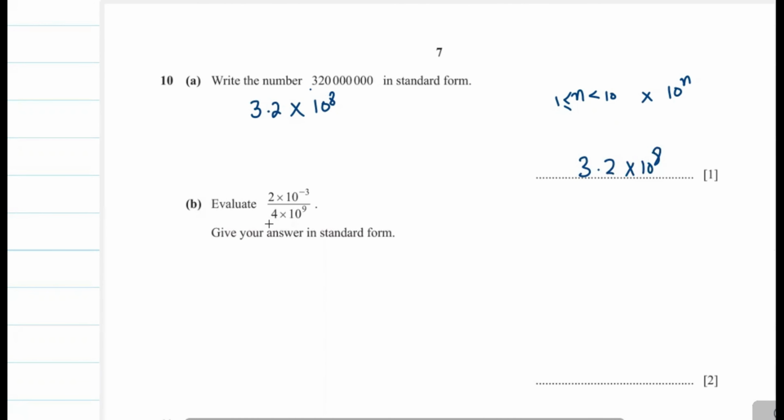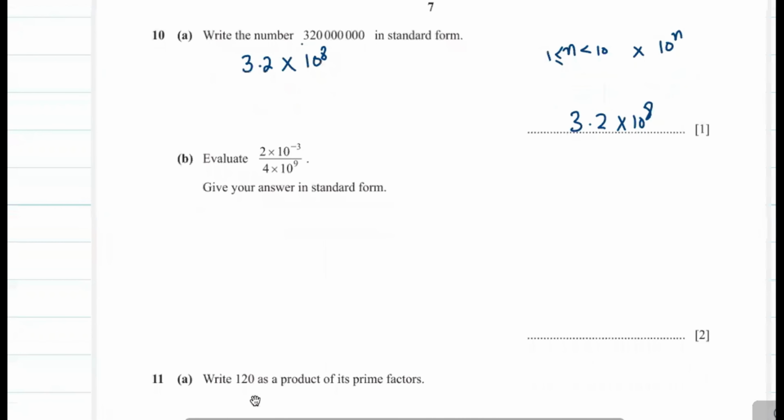Next is evaluate 2 multiplied by 10 power minus 3 over 4 multiplied by 10 power 9. Now you can simplify it by 2 over 4, multiplied by 10 power minus 3 over 10 power 9. That is 1 over 2, which is 0.5, and the power of 10 is minus 3 minus 9, that is 10 power minus 12.